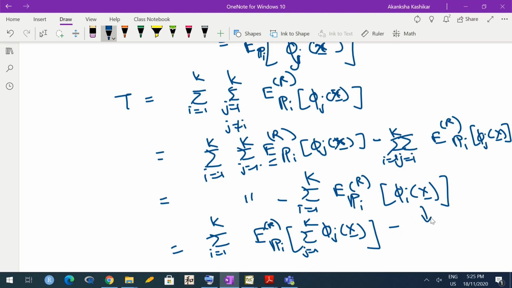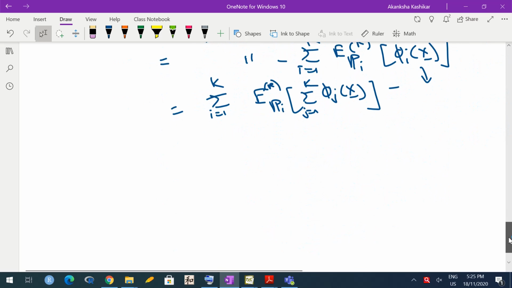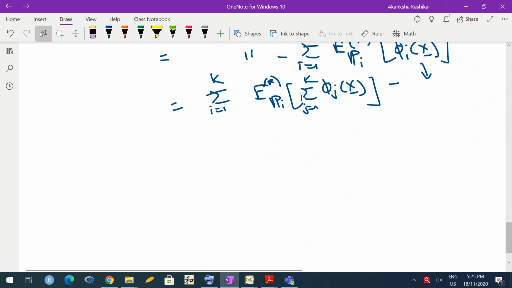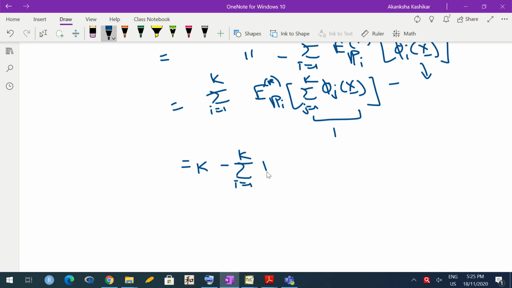This term as it is. And because the sum over phi j is 1, the expectation of a constant is the constant. So I just have the sum over this entire thing. So this is 1, so sum over 1, so it becomes k. So I have k minus the sum over i going from 1 to k of E_Pi, R, phi i(X).